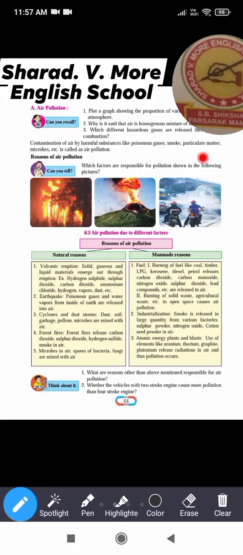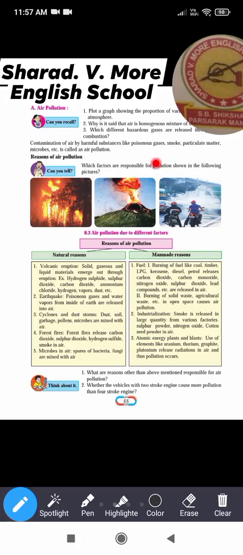What is particulate matter? The matter which is present in small particle form is called particulate matter. Microbes, that is microorganisms, for example bacteria, fungus and other microscopic things, are also called air pollution.